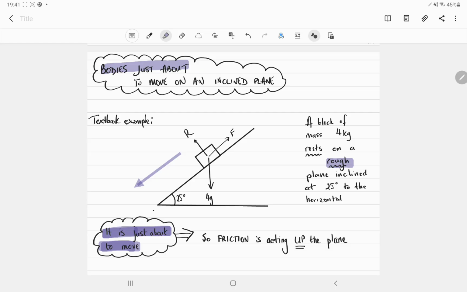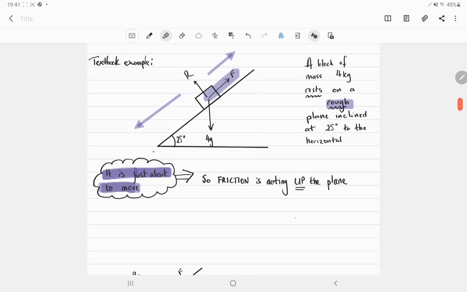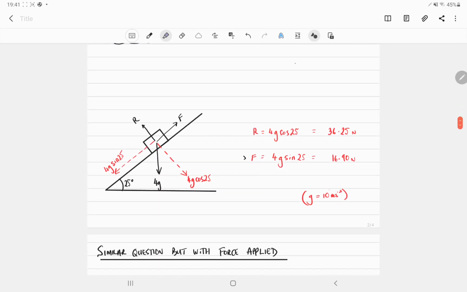That's going to be the direction of motion. If that is the direction of motion, then friction is acting in the opposite direction, up the plane. Because friction is acting up the plane, there's going to be a force acting down the plane. We're going to resolve our forces. Here is our friction acting against the direction of motion.